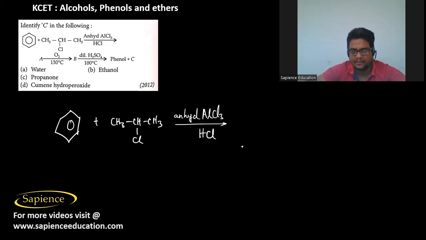The anhydrous AlCl3 will remove Cl from here, and then one carbocation will be formed.